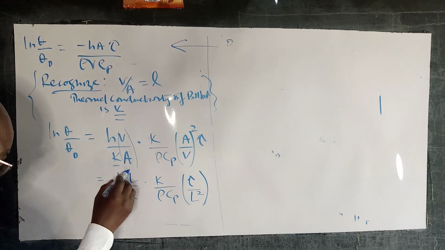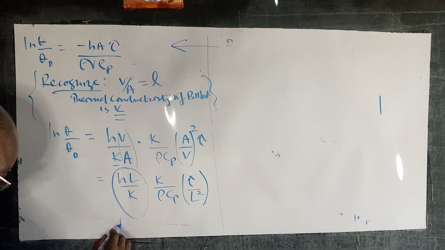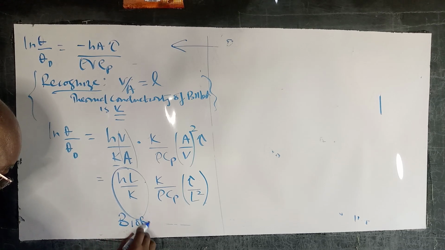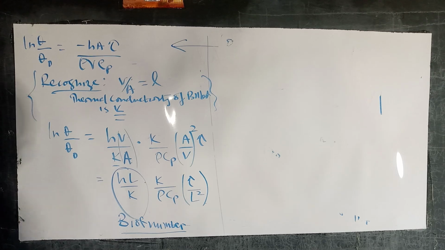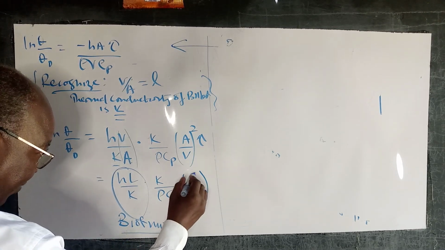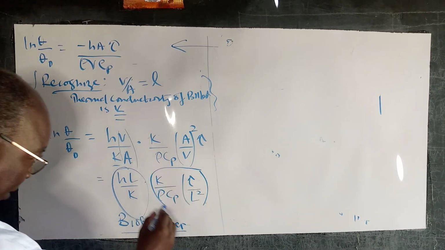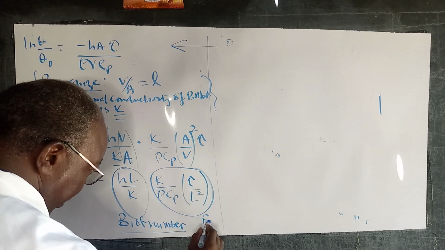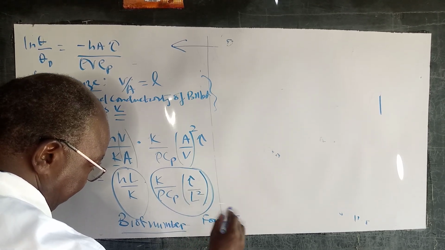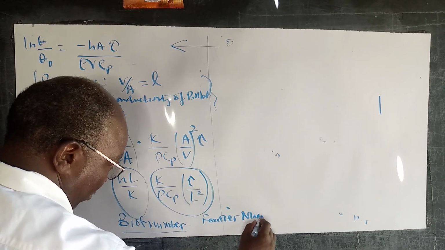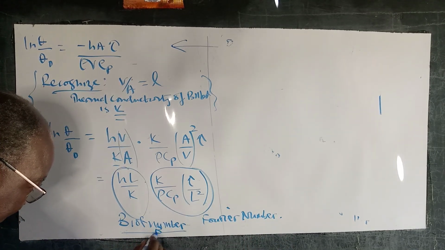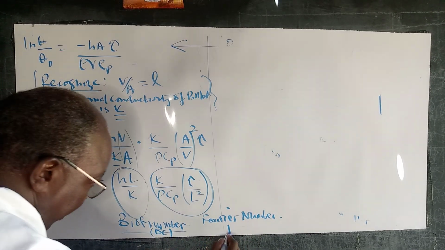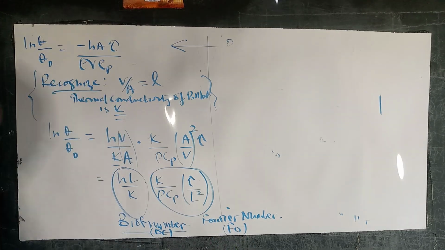Now, what is this quantity here? This quantity is called the Biot number. Very important quantity. And this quantity here is called the Fourier number. So this is the Bi symbol, Fo symbol.